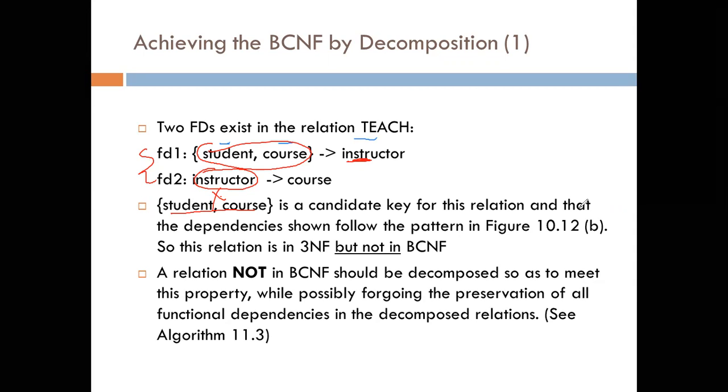So how can we decompose it? This particular example can be decomposed in many ways. One is student and instructor in one relation, and student and course in another. Or on one side we can have course and instructor, and on the other side student and course. Or course and instructor on one side, and student and instructor on the other.